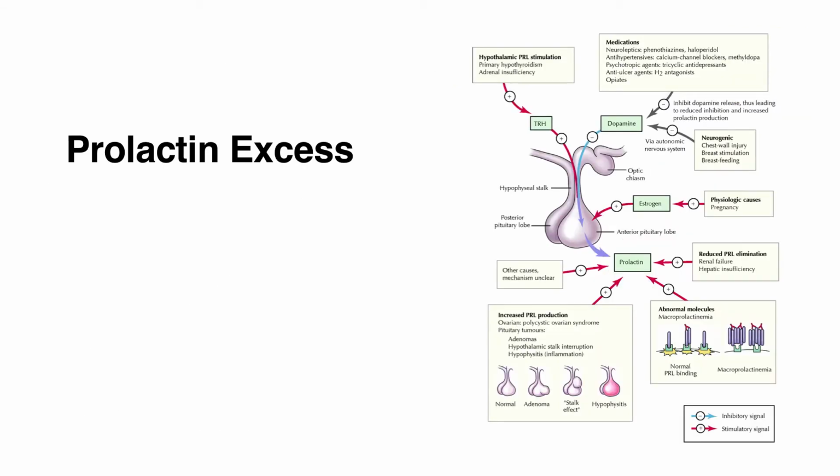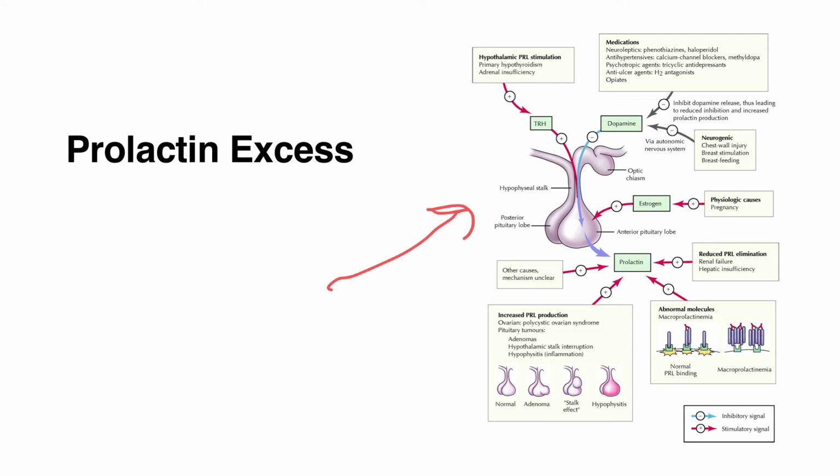All right, now we're still on hypersecretion, but we're moving on to prolactin hypersecretion. This is a good picture showing you everything that can mess with prolactin secretion. And there's so many things because we have mechanoreceptors and we also have hormonal things and then also neurotransmitter things.